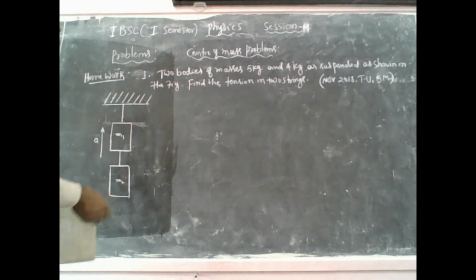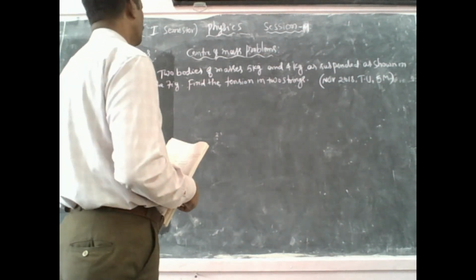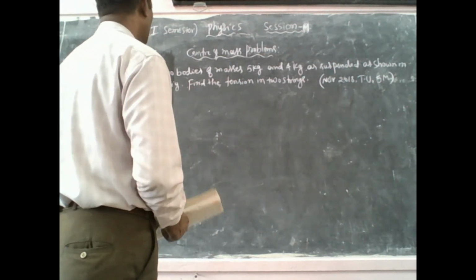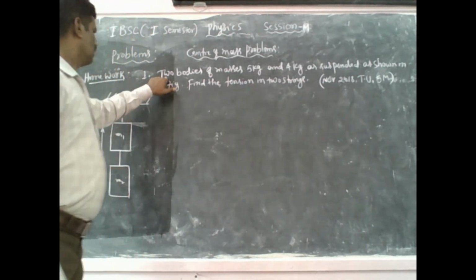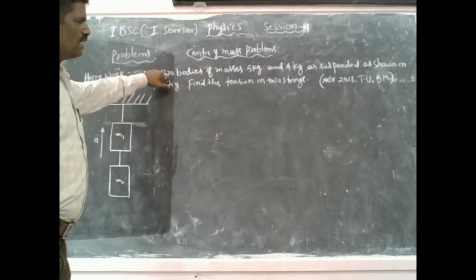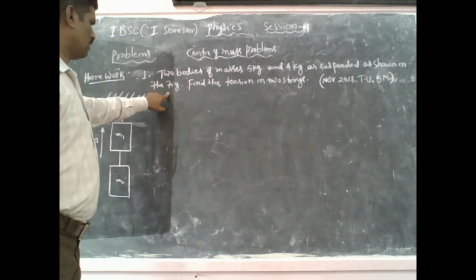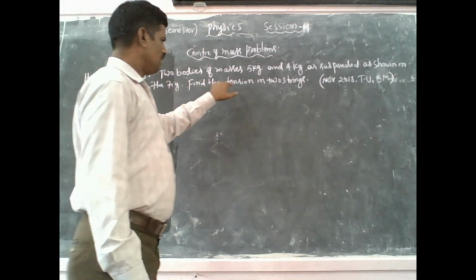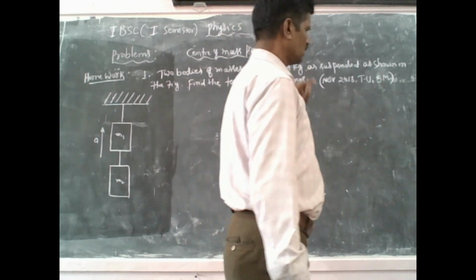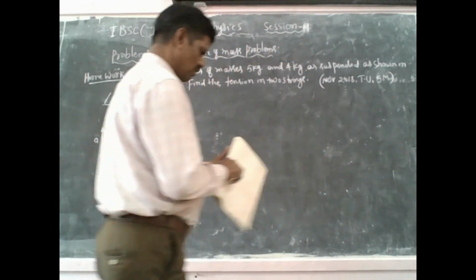So you have to work out on your own. So once again I will read the question. Two bodies of masses 5 kg and 4 kg are suspended as shown in the diagram or figure. Find the tension in two strings, isn't it?